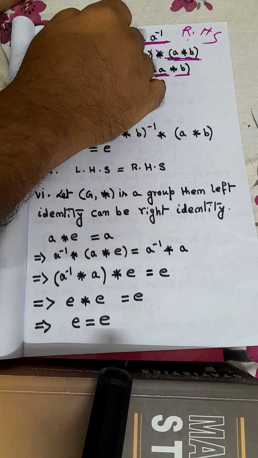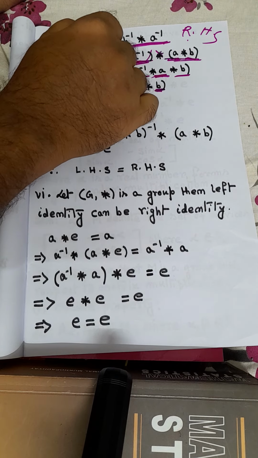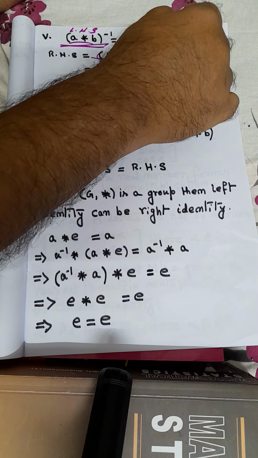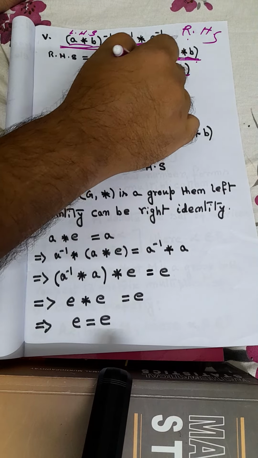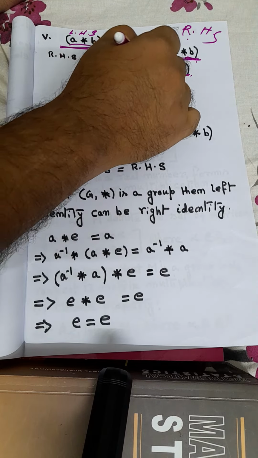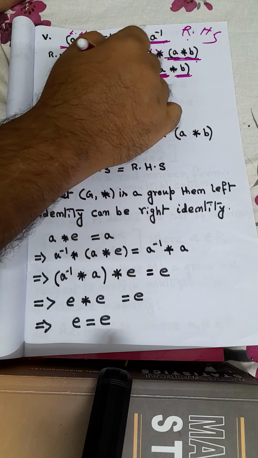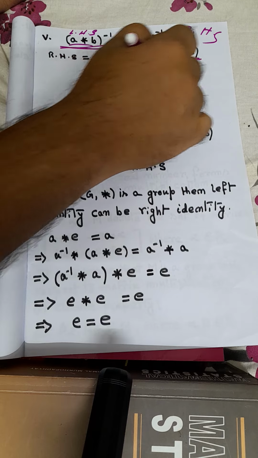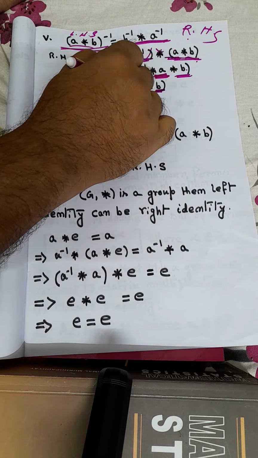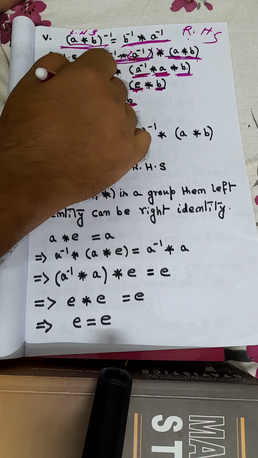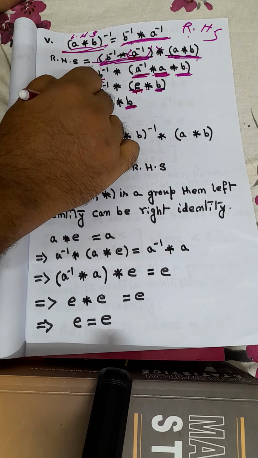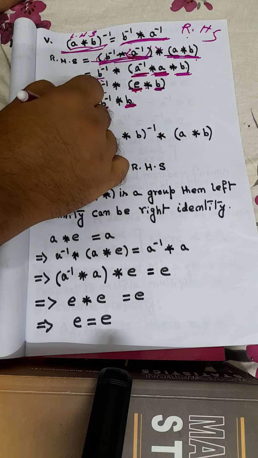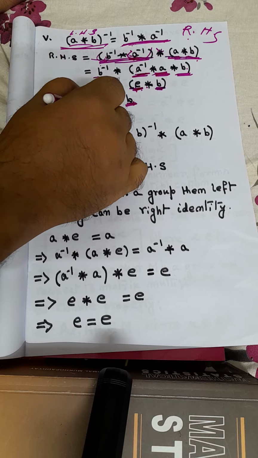First, a inverse binary operation a gives us e, the identity element, and b remains here. e binary operation b gives us b, and b inverse is outside, and we know that b inverse binary operation b gives us the identity element. Correct? So this is what we get: the identity.